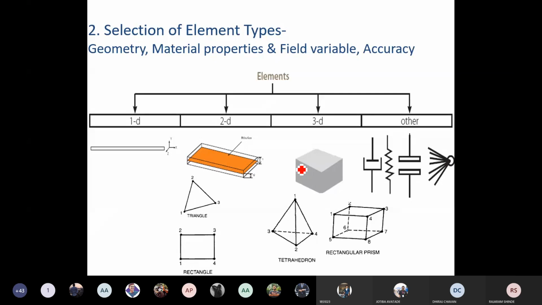Yes, sir. Okay. Now, you are working on Baja SAE, Supra, Formula SAE, all these competitions. Which elements will you prefer for the chassis of these vehicles?